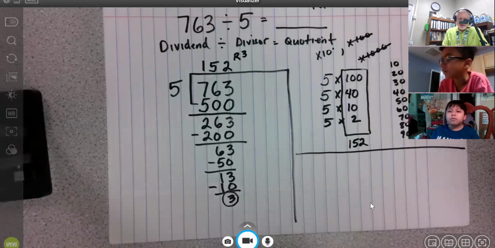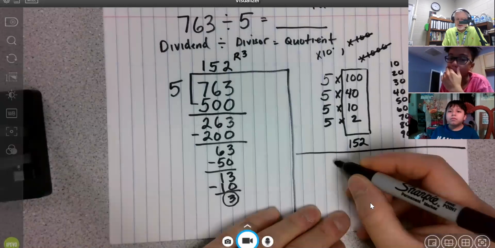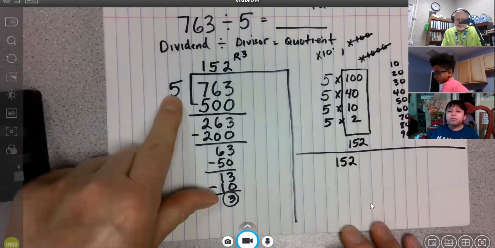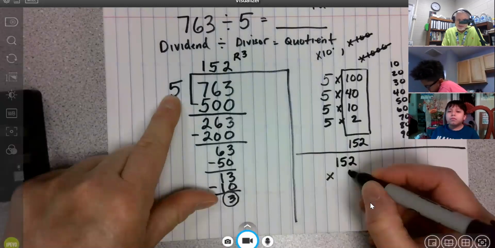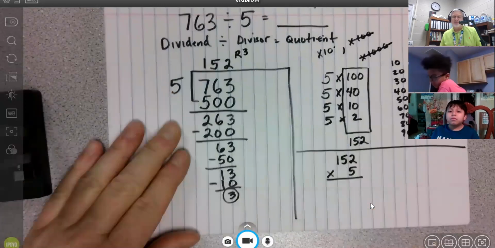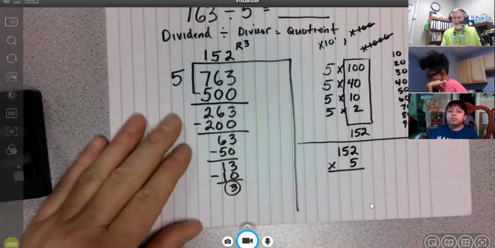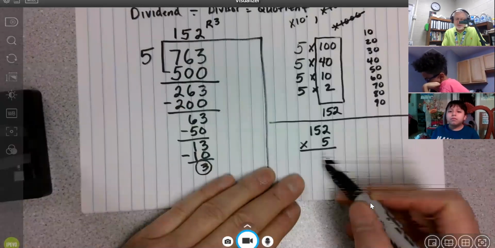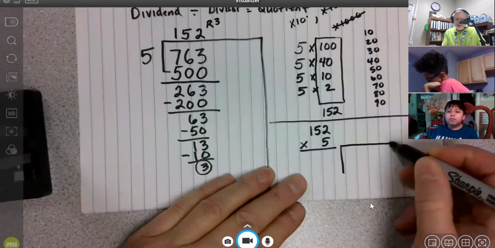Okay, so we can multiply our quotient times our divisor. And we really didn't learn the standard algorithm, but we do know how to set up the area model, don't we?